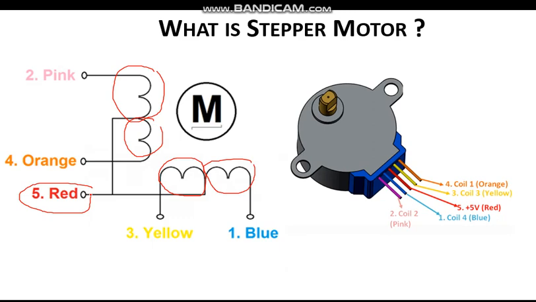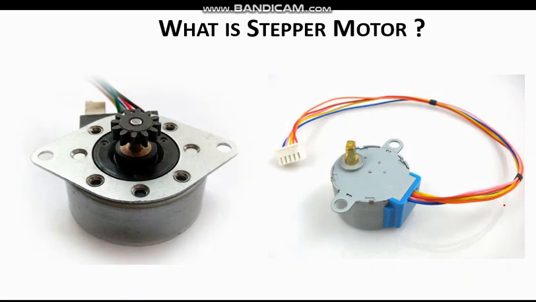You can see the diagram or a picture of stepper motor. This common point is always going to plus 5 volt of the supply. So these are the motors known as a stepper motor. This is the shaft which rotates. This black color also shaft rotates when we connect proper pulses.